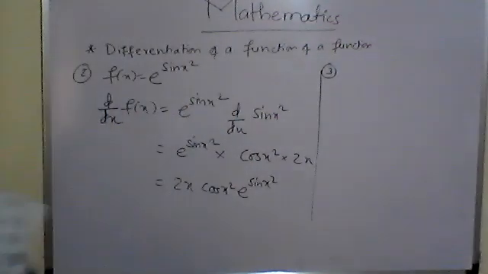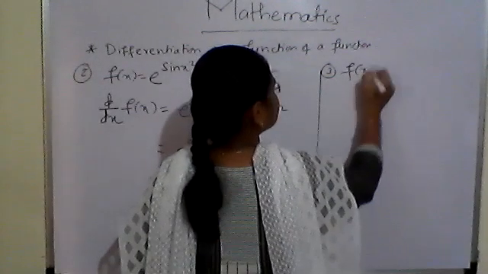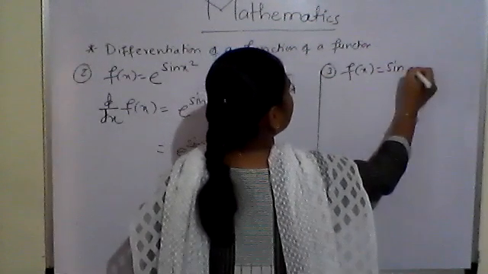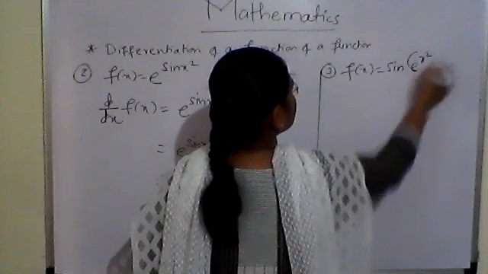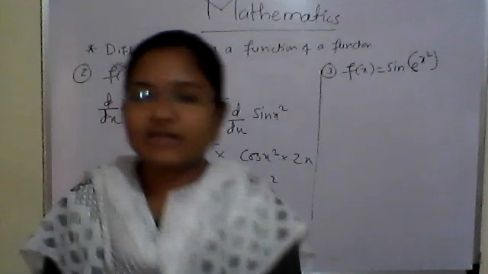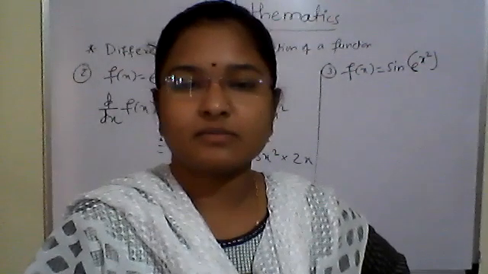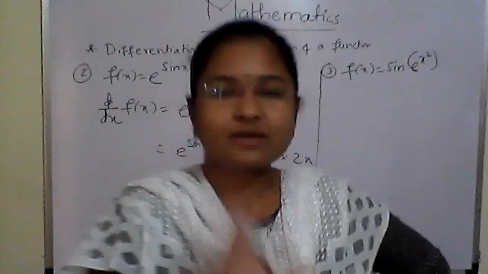Third is sin of e raised to x square. f of x is sin of e raised to x square. Now tell me what is the derivative? What is the derivative of sin? Cos. Cos of e raised to x square.